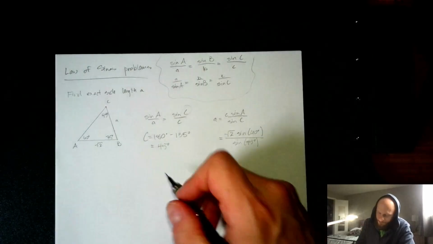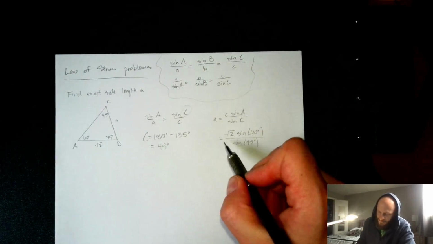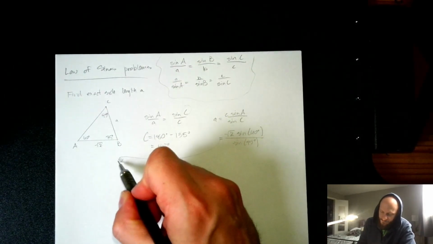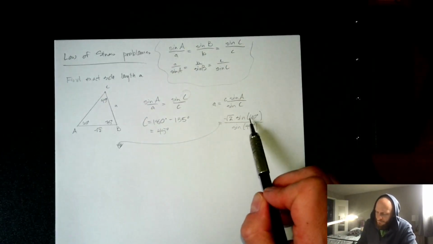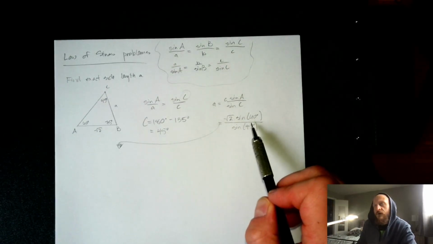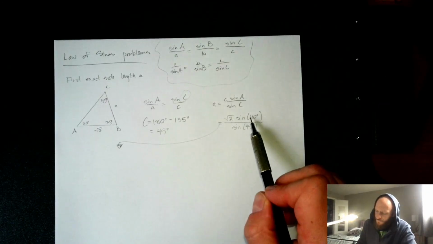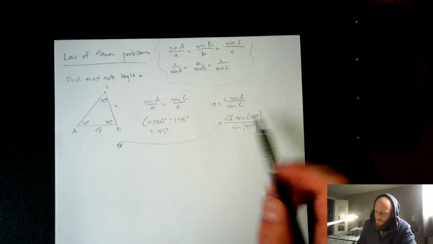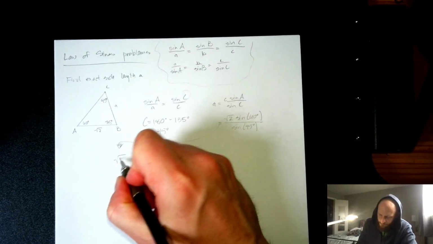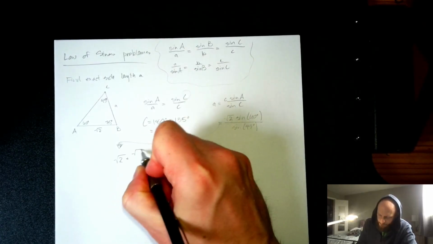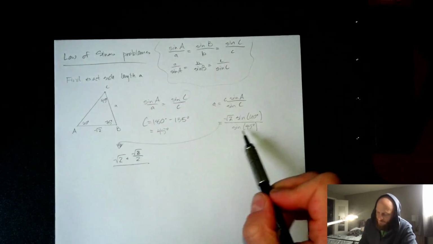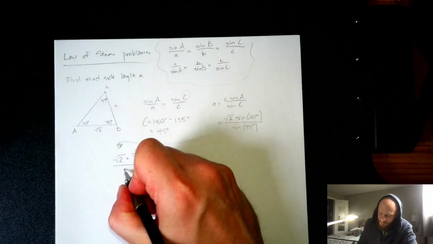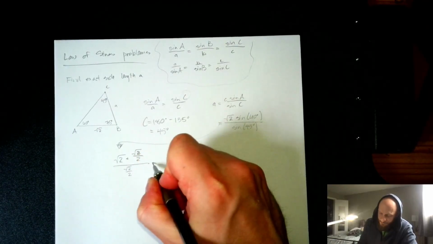All right, so what does that end up coming out to? Sine of 60 degrees, well, what's that? Root 3 over 2. Divided by the sine of 45 degrees, which is root 2 over 2.